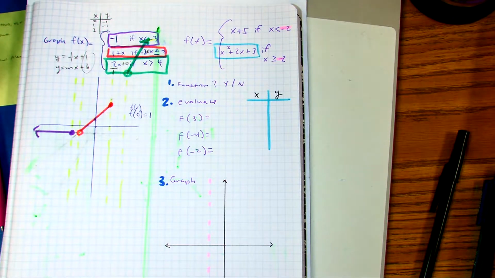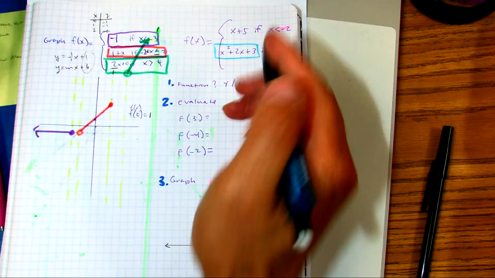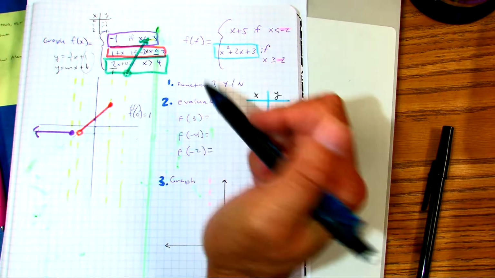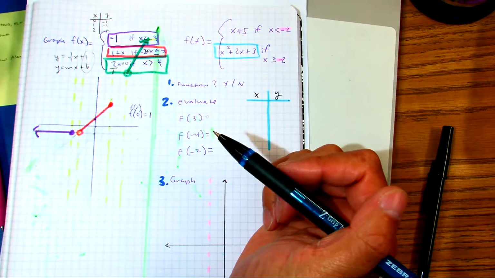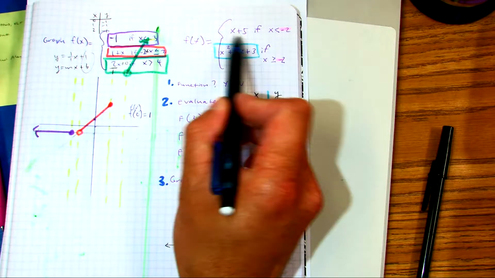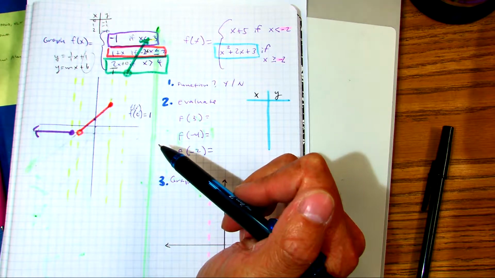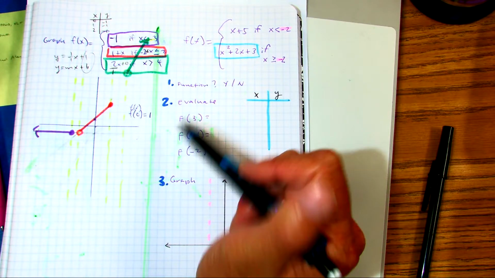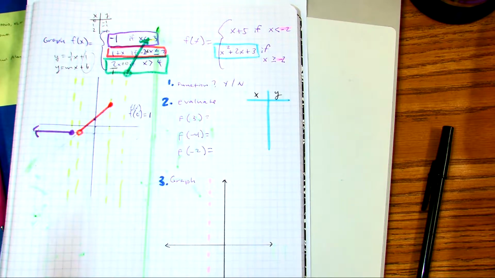Graph. Let's graph it. X plus 5. Jenny, what's my slope in the first equation here? Okay, maybe I'll ask you this question. If I had to graph this, where would I start?